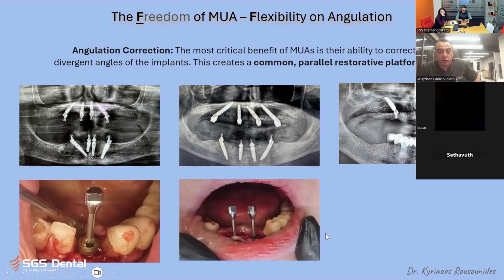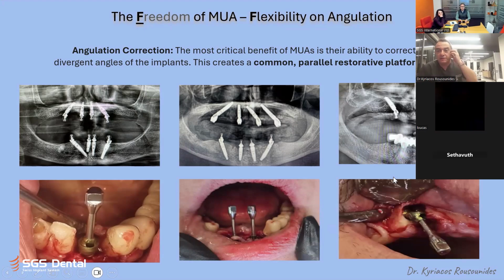These are two implants side by side, and we can see that with the right height and the right angulation, we can parallel the implant prosthetic parts. Here is the X-ray and the live picture, showing how we corrected this angulation.